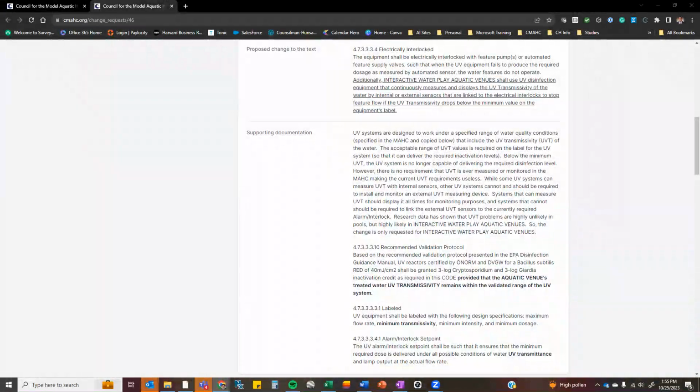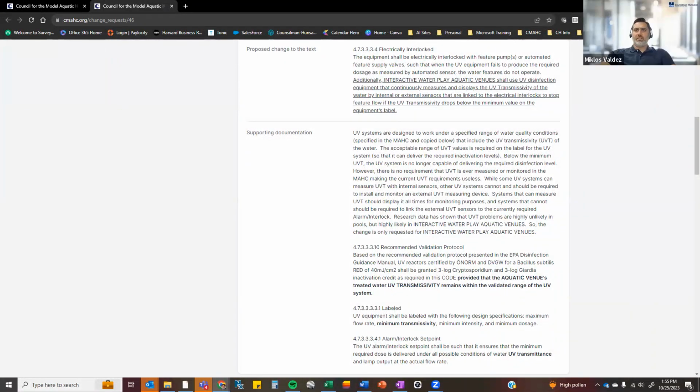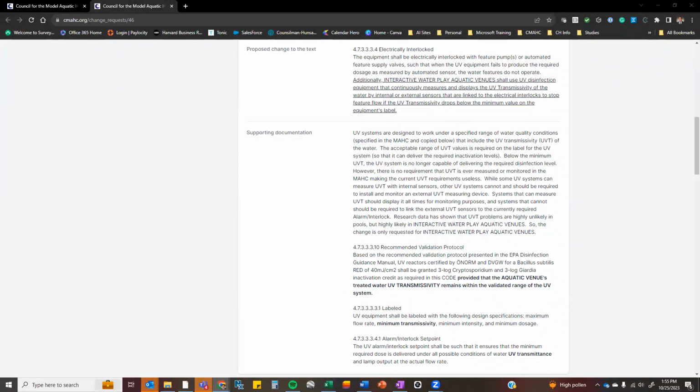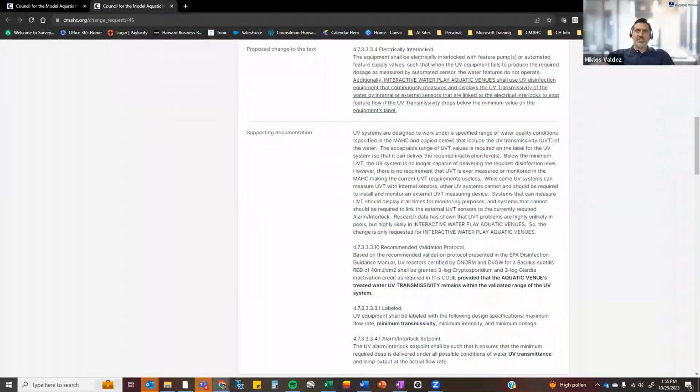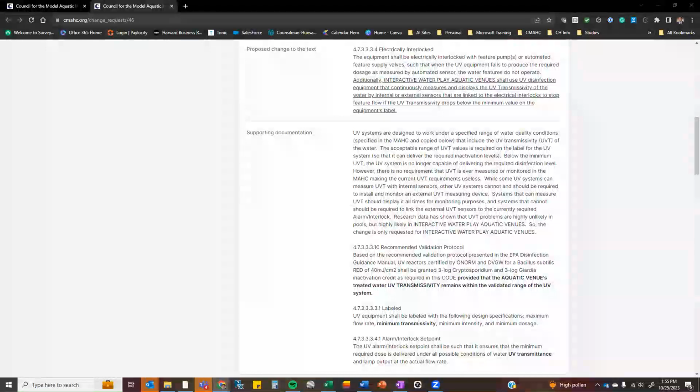That's really what this is about, right? Not necessarily the continuity of measurements and displays. Correct. It's about ensuring that UV systems are actually doing what they're designed to do. And if it can't perform and meet the expectation, then it's interlocked and shuts down.